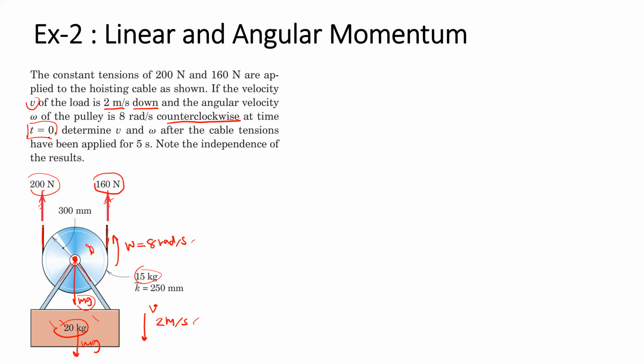They want us to find, after the time passed by 5 seconds, what should be the linear velocity of the whole system in the upward or downward direction, and what should be the omega at the final state.